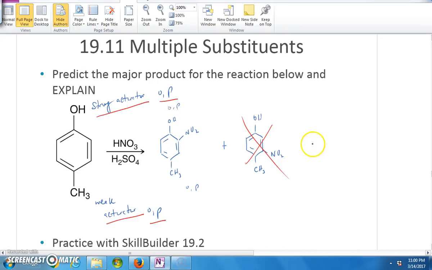And like I told you, a strong activator always wins, which means that the nitro group is going to come here because we have an OH group here. The OH group is stronger, so it's going to bring the NO2 over here.